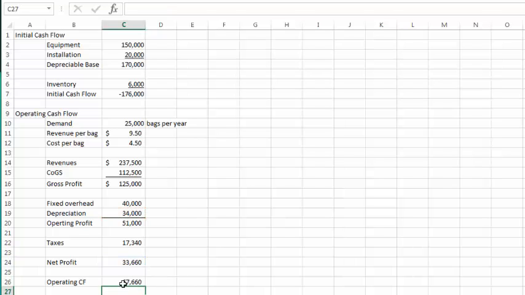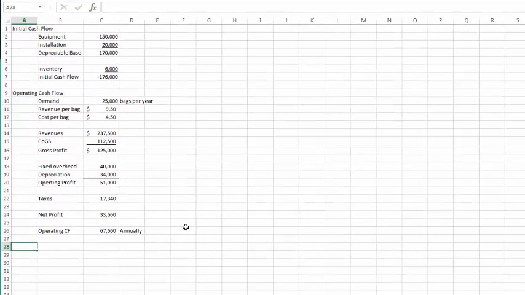So I get operating cash flow of 67,660. Now that's per year. So let me put out here annually, just so we get the fact that that's an annual payment, so to speak, of cash. What we're going to do now is look at the terminal cash flow.